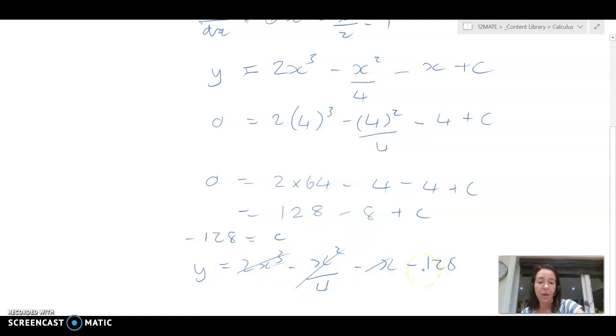I'm just going to undo those. So the y-intercept equals 0 minus 128. Okay, so it's just that c value.